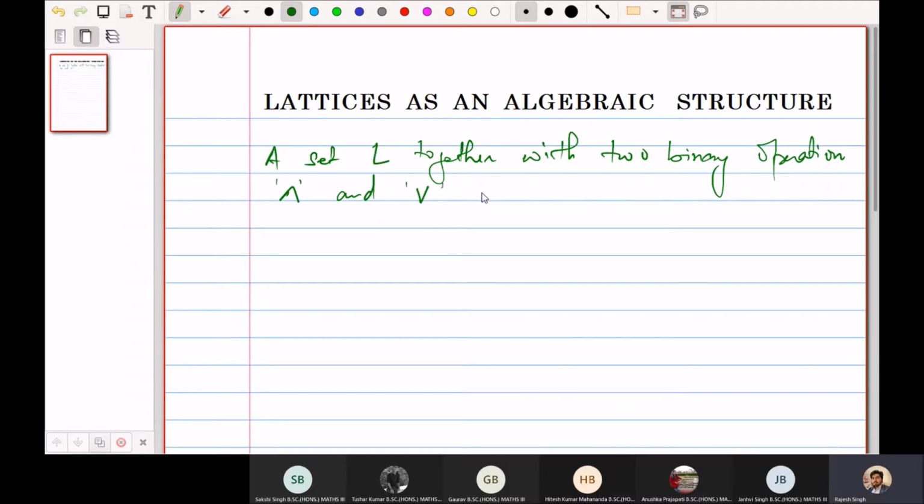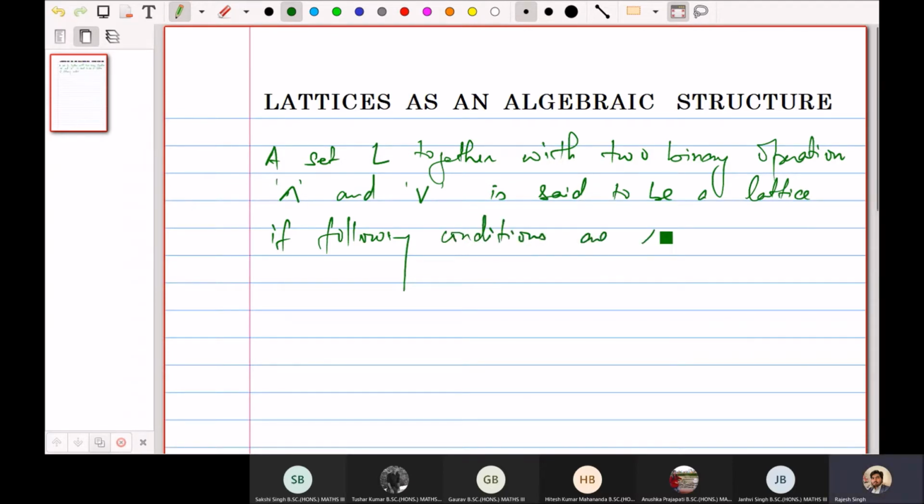A set L together with two binary operations is said to be a lattice if the following conditions are satisfied.